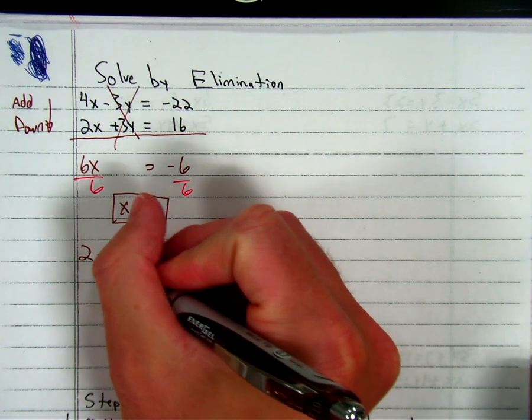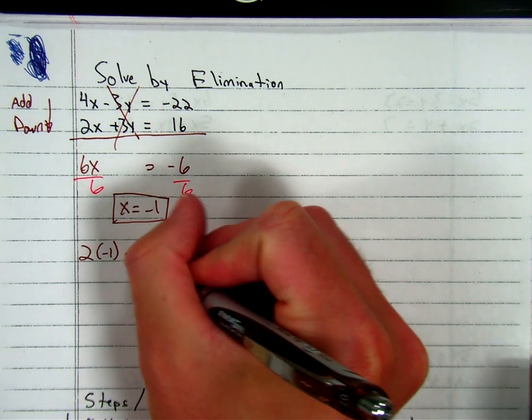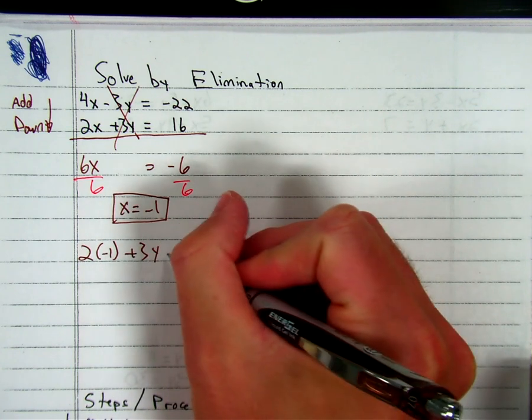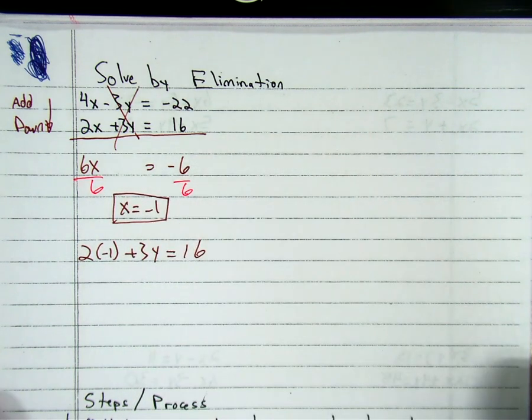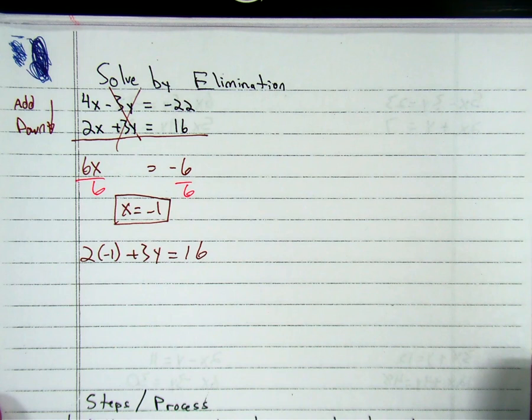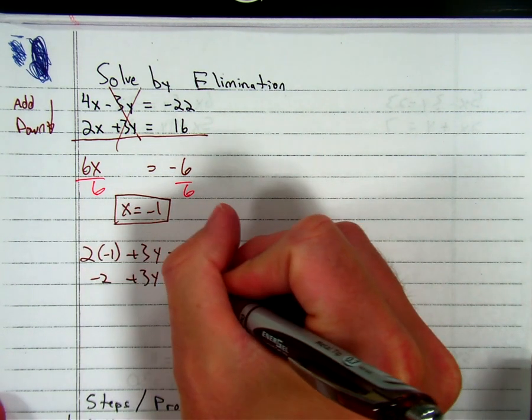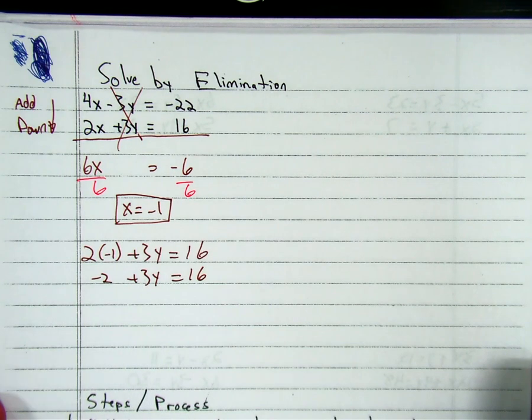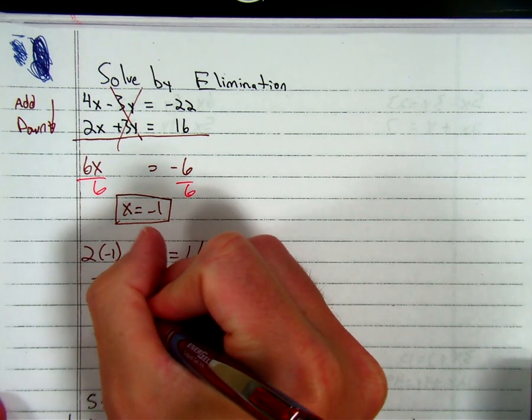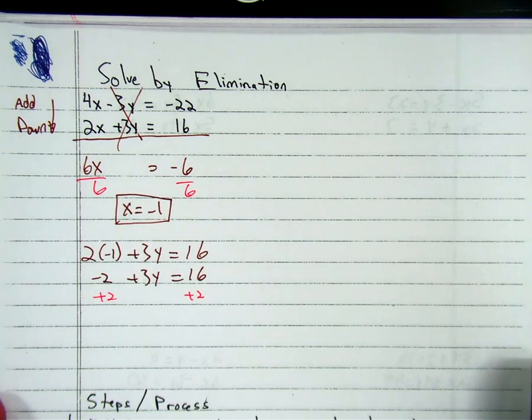So 2 times negative 1 plus 3y equals 16. Plus 2, plus 2.